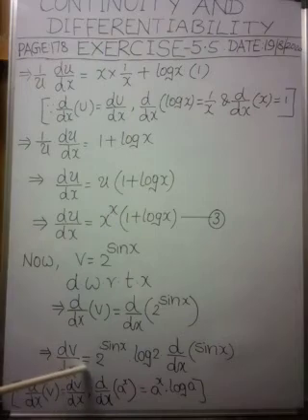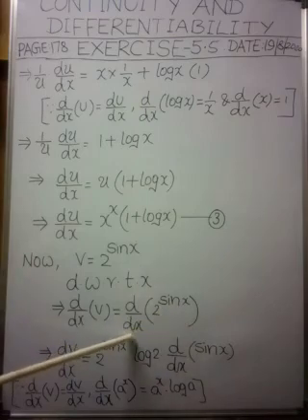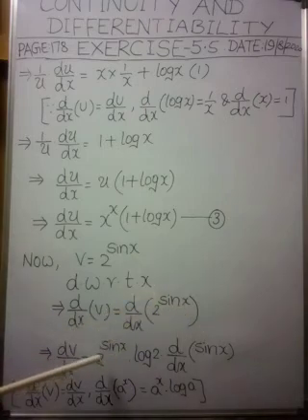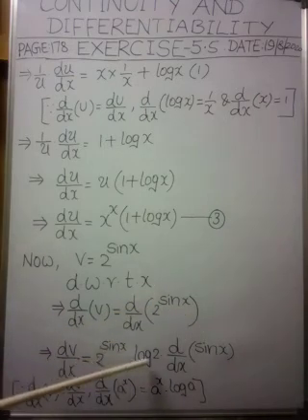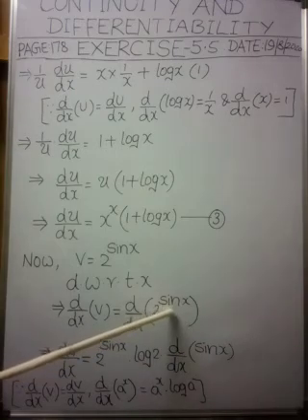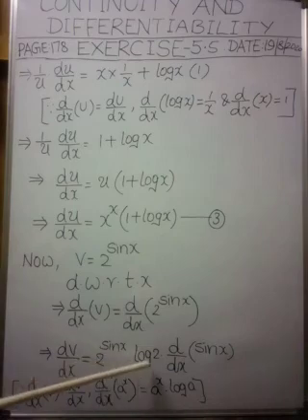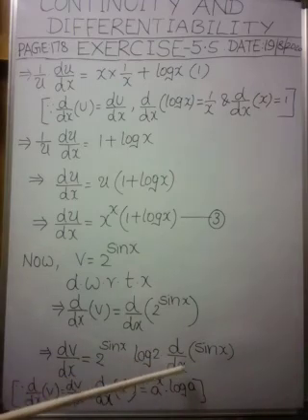Right. Is equal to, now it is in the form of d by dx of a power x. Previously I told you it is in the form of d by dx of a power x. So I am using that formula. A power x into log a. A means here 2, x means here sin x. Okay, my children. So 2 power sin x into log 2 into d by dx of sin x.